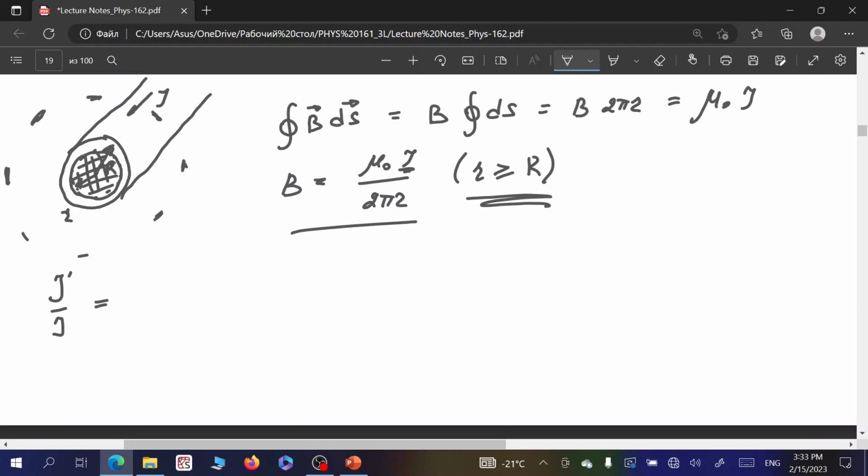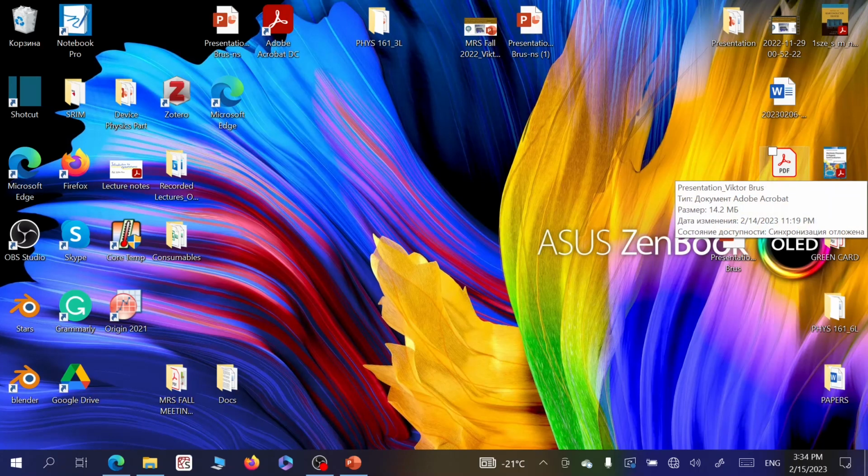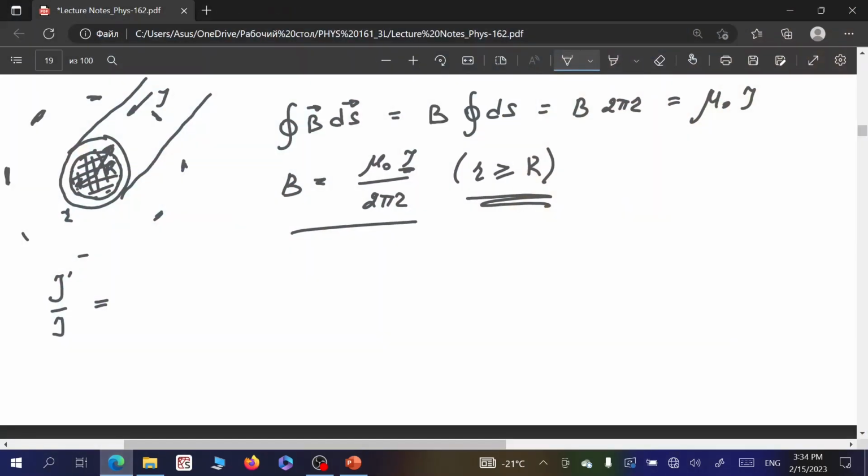We deal with the total cross-section area, let's say this is area A, and there is some current I flowing through it.